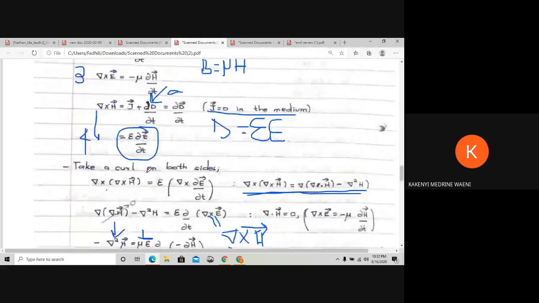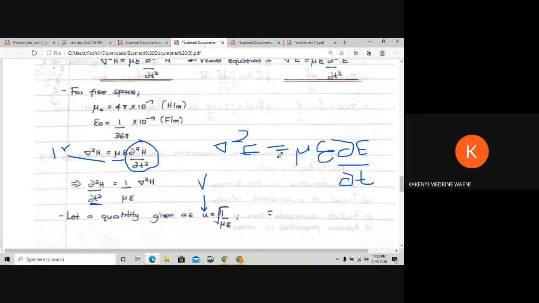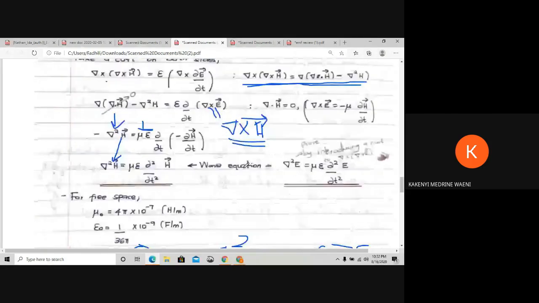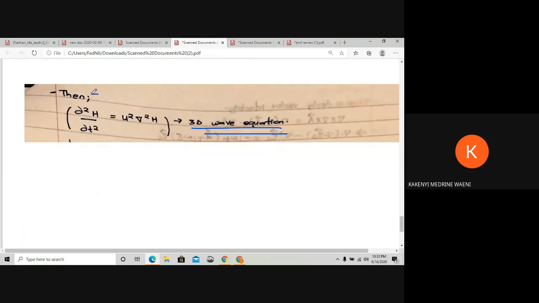So we're going to replace it in this equation, and then we'll end up with del squared E is equal to mu E d squared E over dt squared, which is this one multiplied by mu. Then its 3D wave equation will be d squared E, and then just this, u squared del squared E. So the 3D wave equation.